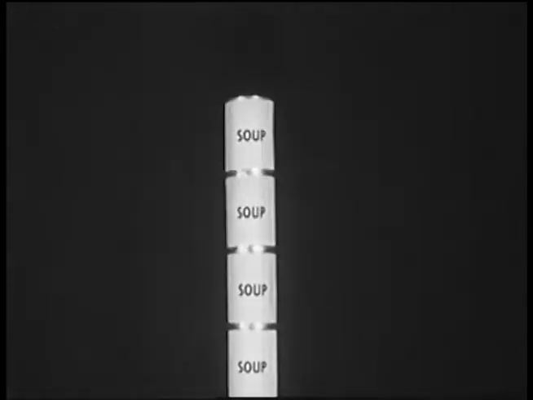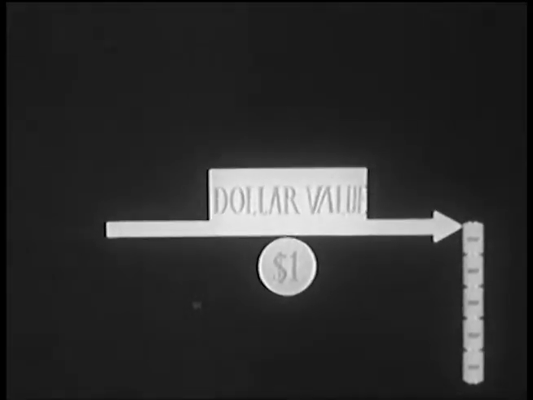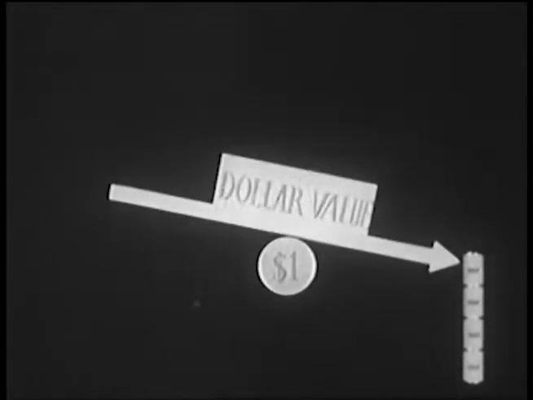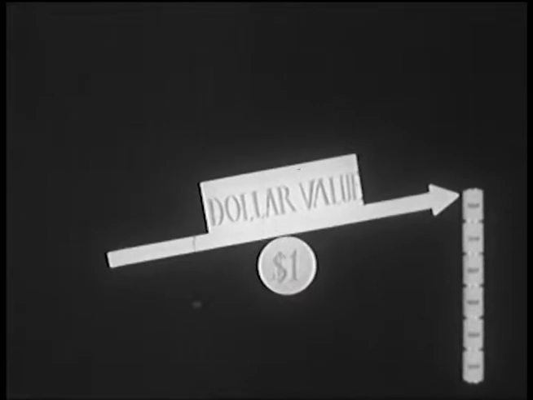Now, let's say that $1 will buy 5 cans of soup. We can think of the value of a dollar as 5 cans of soup. Another day, if a dollar will buy only 4 cans, its value has gone down. When it will buy 6 cans, the value of the dollar has gone up.